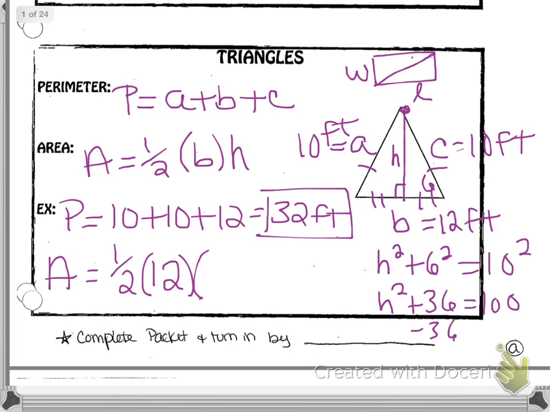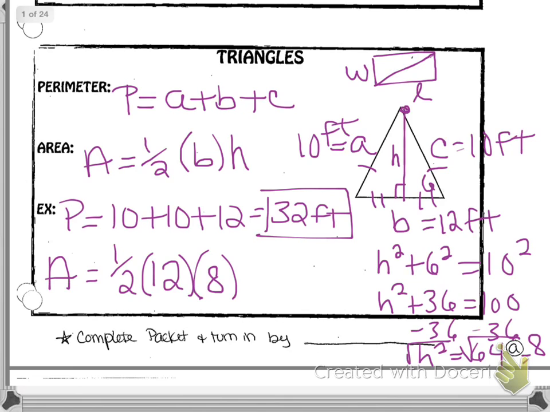Take away your 36, and so h squared is equal to 64. Last step is taking the square root. So we find out that our height is actually 8. After all that, we end up with an answer of 8 feet for our height of the triangle.